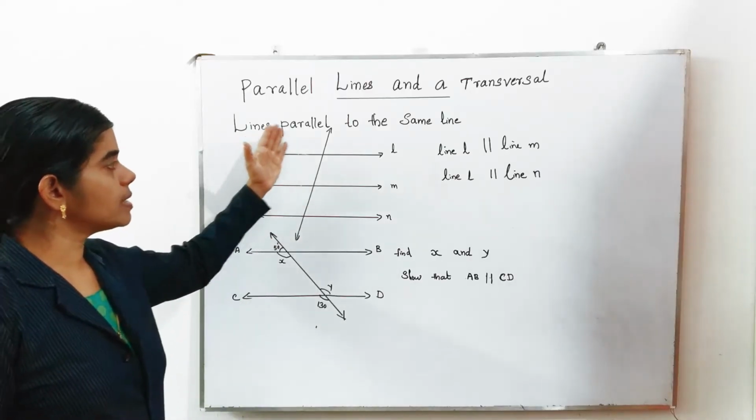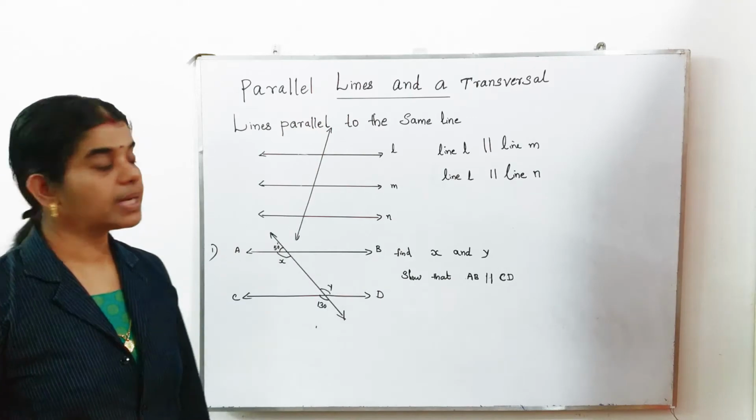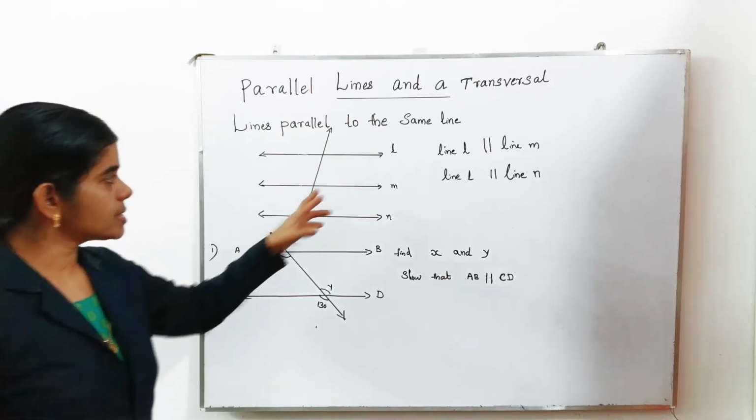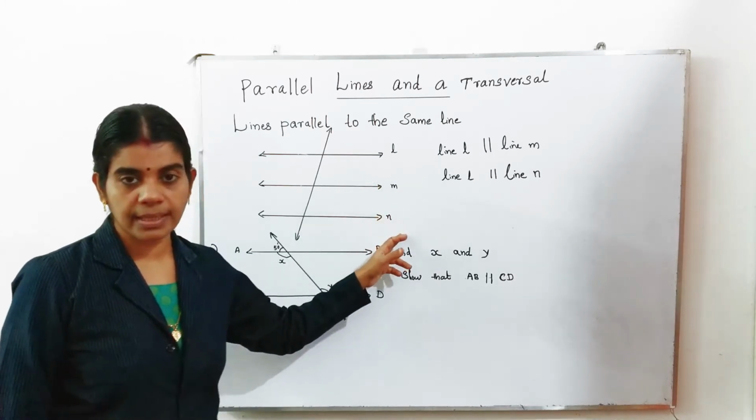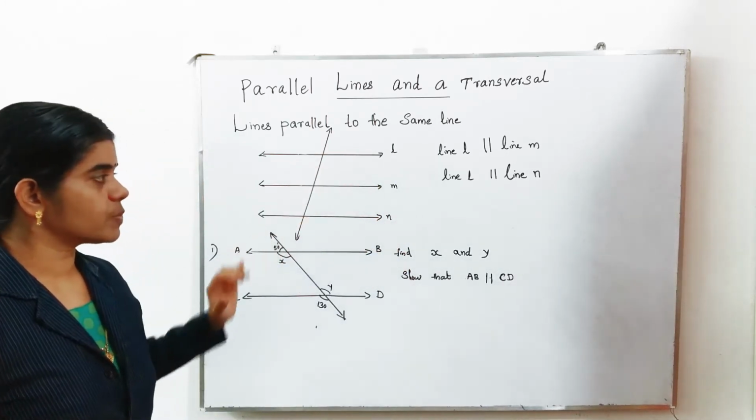Lines parallel to the same line, that will be our next topic. Here, 3 lines are given: line L, line M and line N, cut by a transversal.